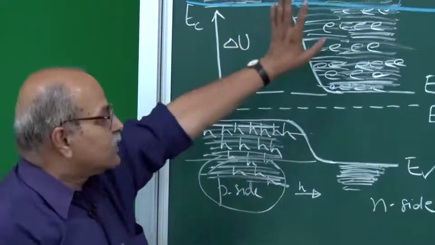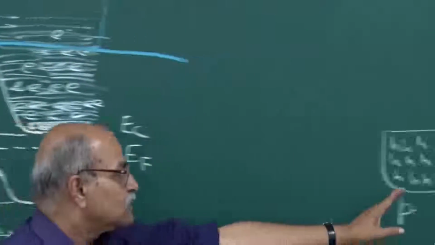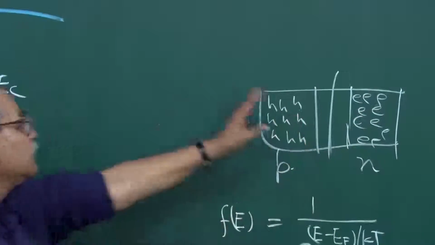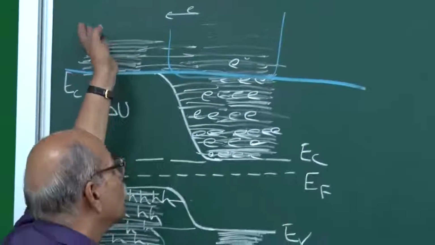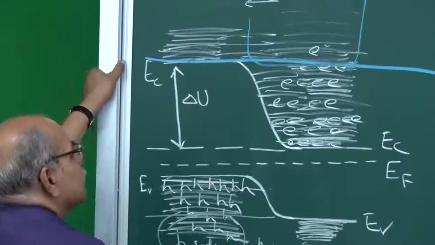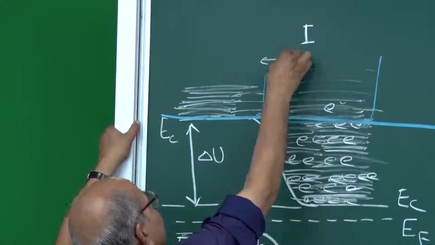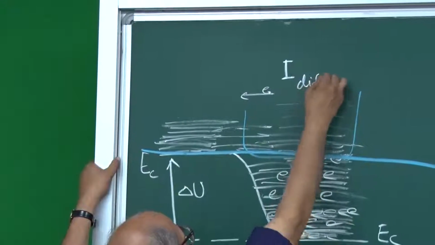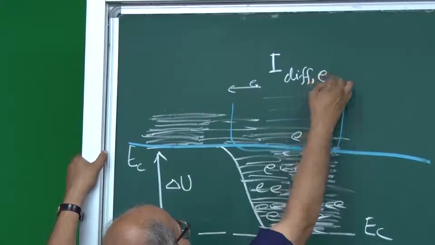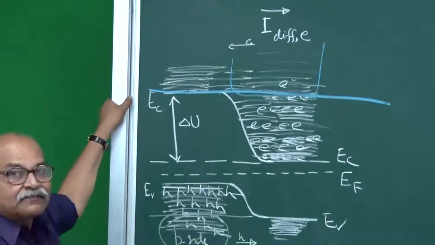But such migration will take place because of the concentration gradients. The electrons will try to diffuse here, and the ones having sufficient energy will go, and therefore you will have a current. This is the current because of this electron diffusion. You can call it I diffusion because of electrons, and the direction will be opposite to the direction of electron movement.